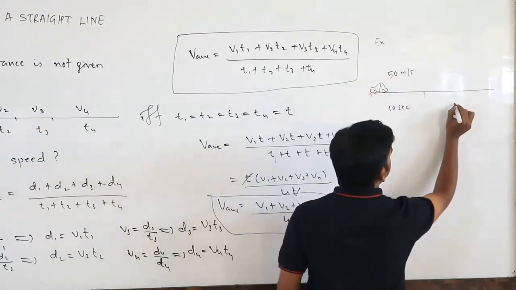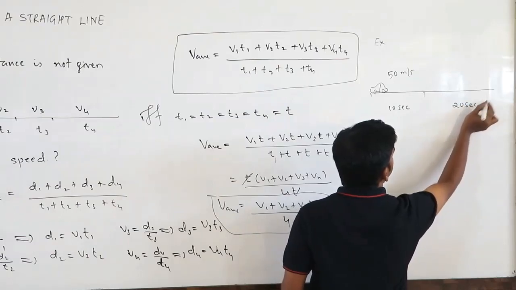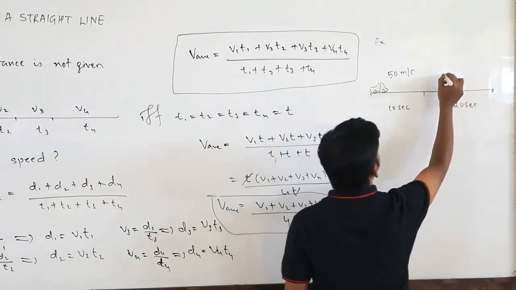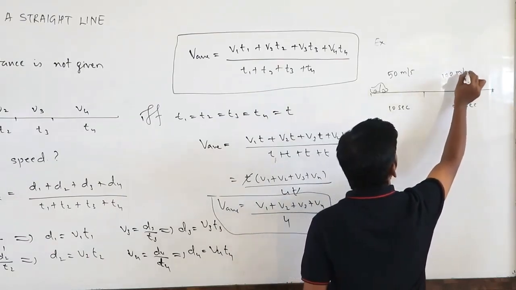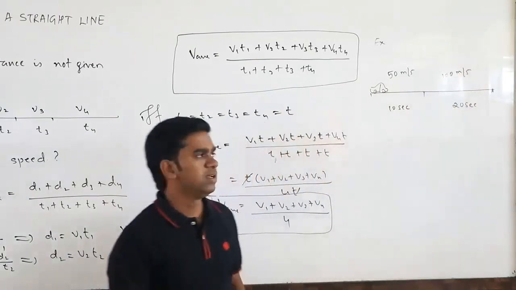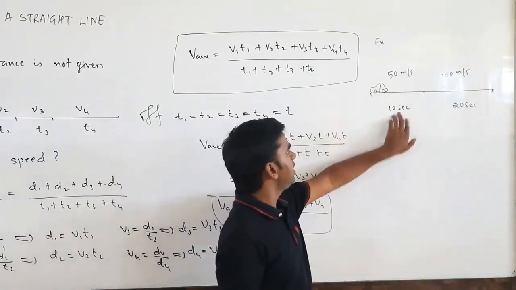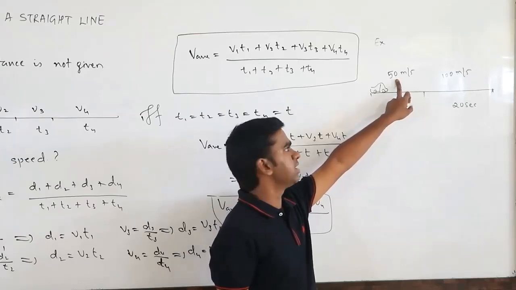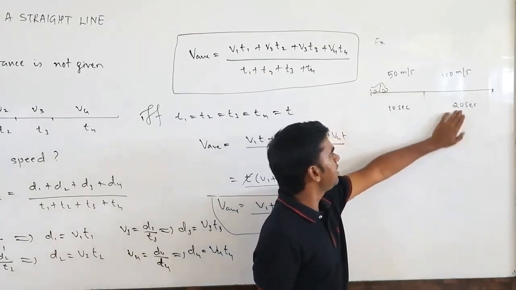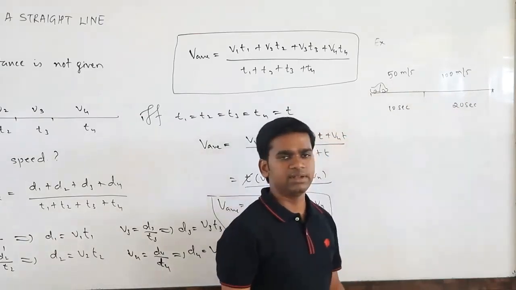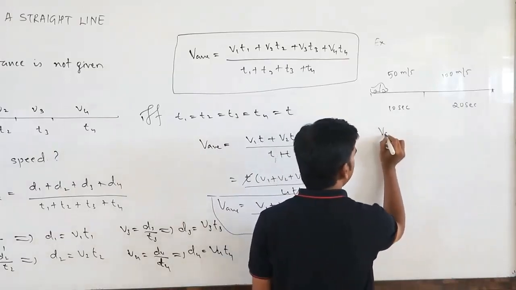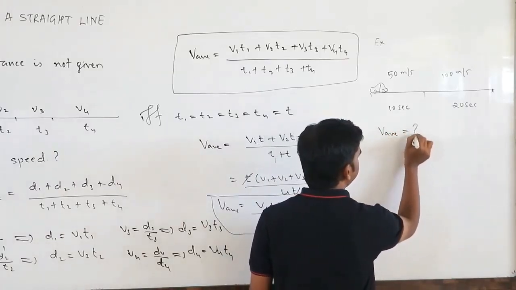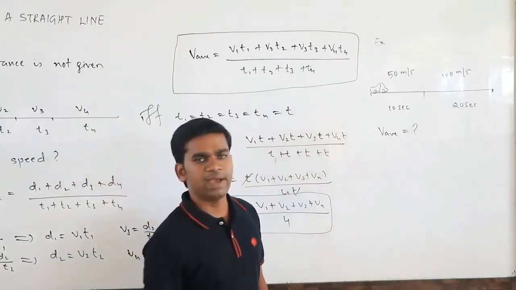Next 20 seconds, it will travel with a velocity of 100 meter per second. So for the first 10 seconds, speed is 50 meter per second. For the next 20 seconds, speed is 100 meter per second. They are asking what is the average speed.